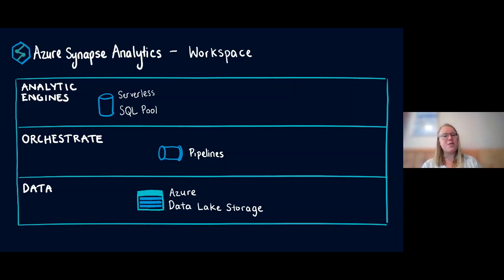As the second SQL flavor here, we have the dedicated SQL pools. And this is now the old data warehouse. If you worked with the Azure Data Warehouse previously, anything that you know from that world will still apply to this.